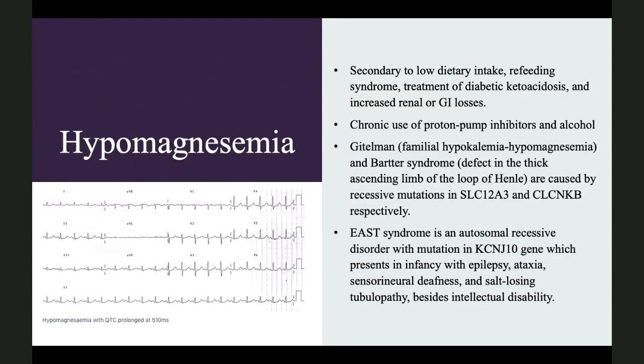Then hypomagnesemia generally occurs due to a low dietary intake, but can also occur in the setting of refeeding syndrome, DKA, or increased renal or GI losses. We can also see this with chronic use of PPIs and alcohol. In some familial conditions, this is very commonly seen, such as Gitelman and Bartter syndrome, which are caused by recessive mutations in SLC12A3 and CLCNKB genes, respectively.